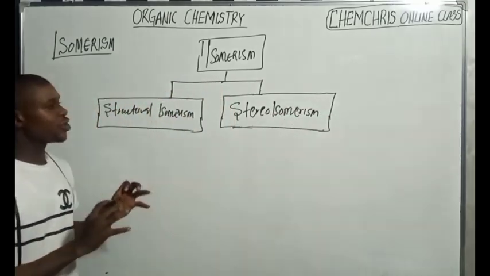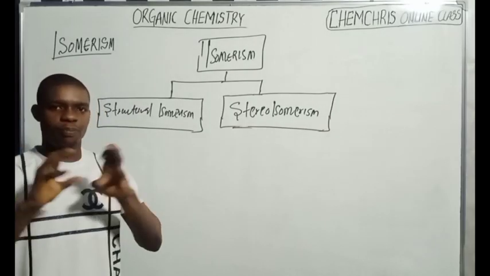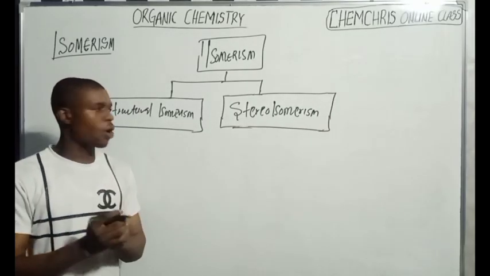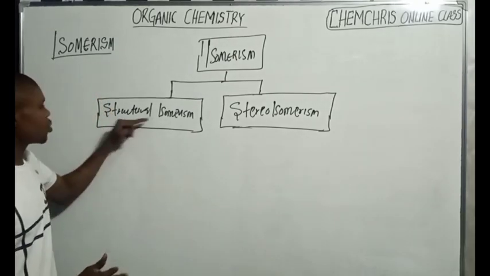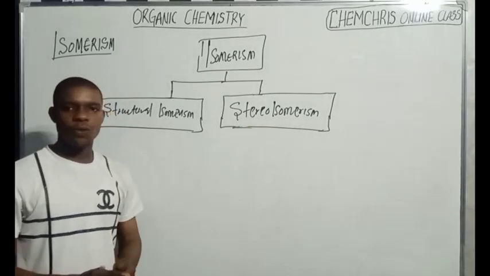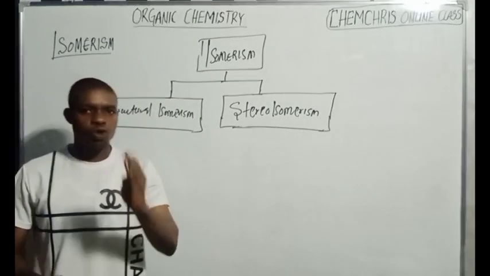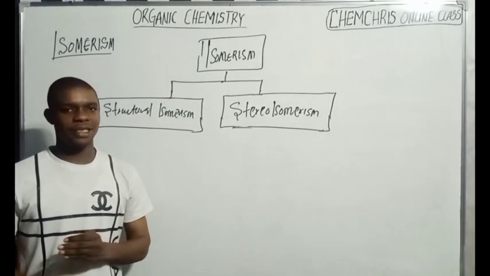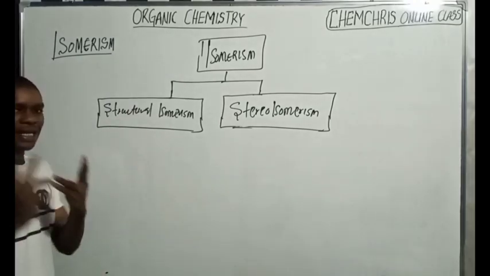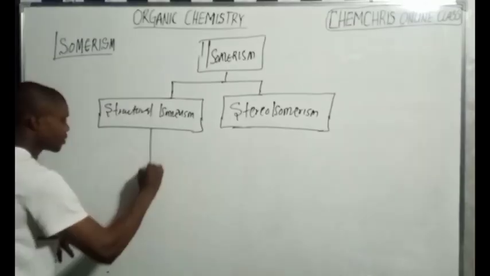So these are the two main types of isomerism: structural isomerism and stereoisomerism. Now this structural isomerism is also called constitutional isomerism. And this structural isomerism is divided into three main parts.